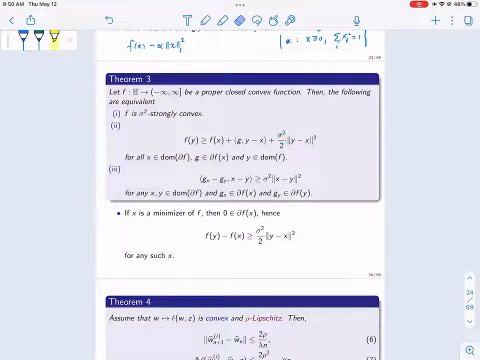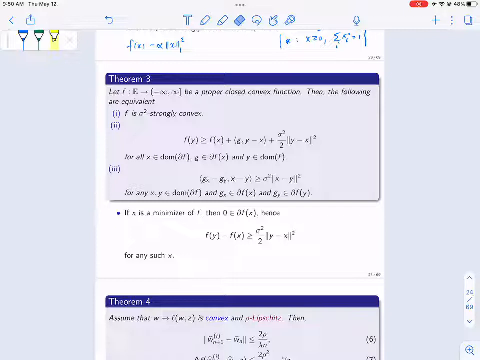And so if you plug this into this, this says that if x is the minimizer, then the deviations of f are controlled by the deviations in the input. So this is very important because it is like a curvature bound.